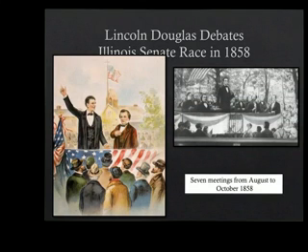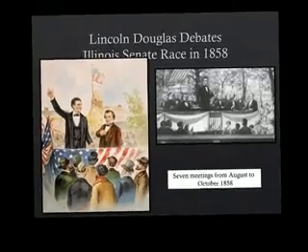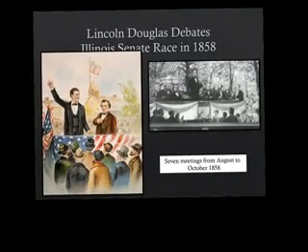During this race for the United States Senate, Abraham Lincoln and Stephen Douglas then have a series of 7 debates across the state, and the debates are basically focusing on popular sovereignty. And Lincoln and his oratory skills are able to put into voice the opinions of most of the radical Northeast abolitionists.